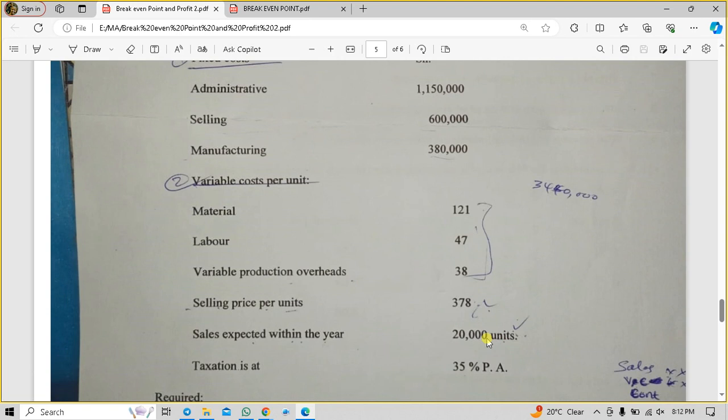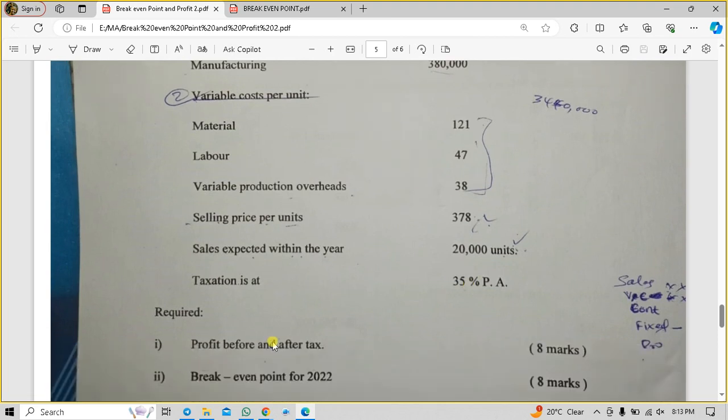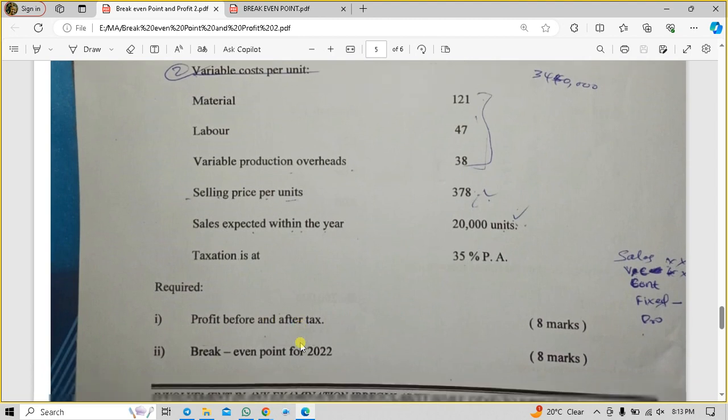So sales we have been given in form of units, then we are told taxation. Remember that taxation we are going to use it in profit. So profit we must deduct tax at 35%. So you're required to calculate profit before and after tax. 8 marks, these are totally free marks.